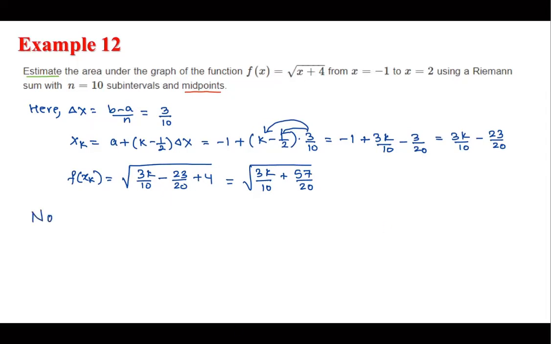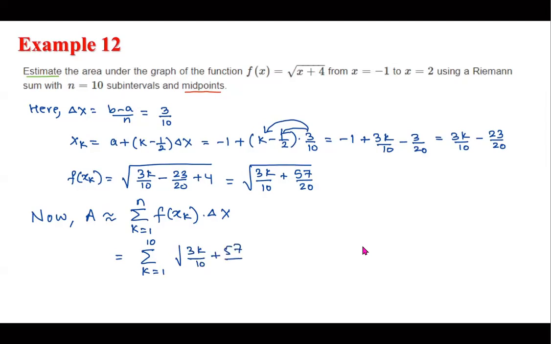What we know from Riemann sum is that area is approximately equal to the summation from k equal to 1 through n of f of xk times delta x, which is equal to the summation from k equal to 1 through, in this case, the number of intervals, 10.